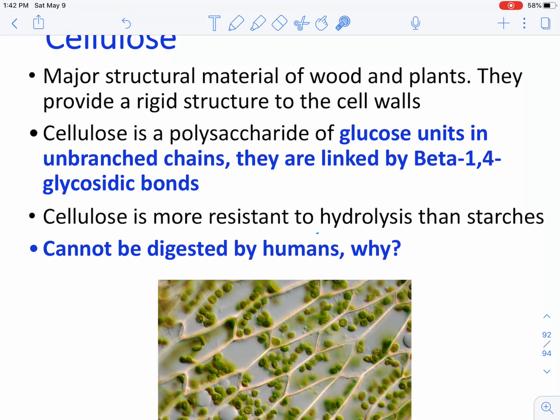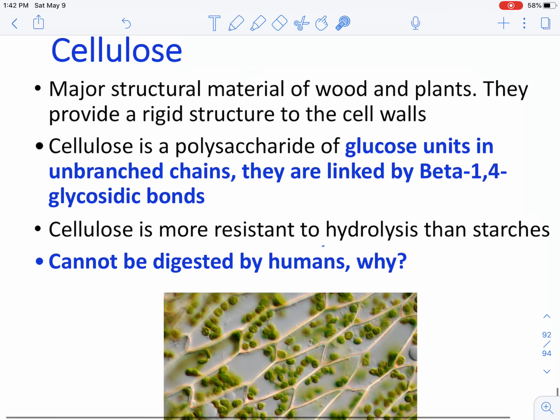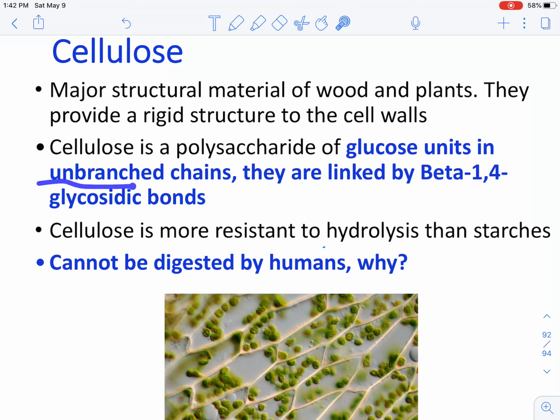Anyways, cellulose is an unbranched polysaccharide, so that's very similar to amylose. However, cellulose is not similar to amylose because the bonding for cellulose is beta 1,4, whereas for amylose, it's alpha 1,4.